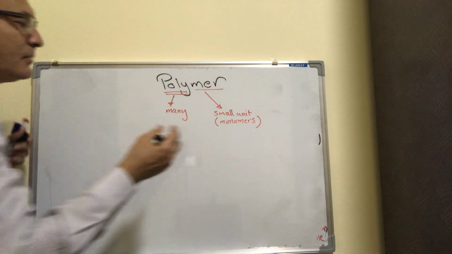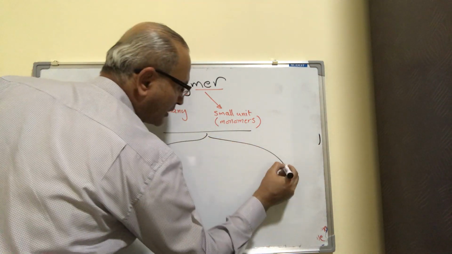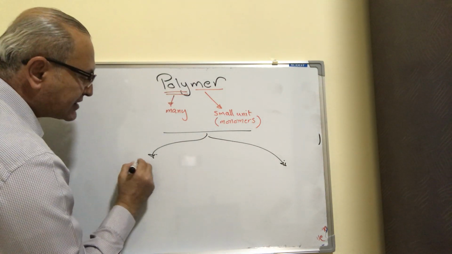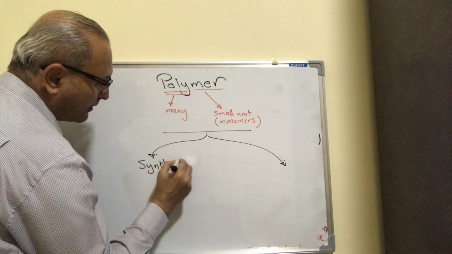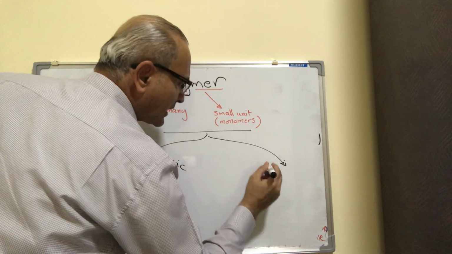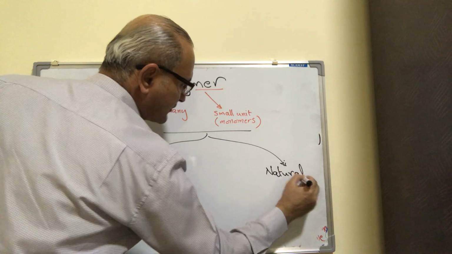What types of polymers do we have? We have two types of polymers, either synthetic polymers or natural polymers. What's the difference between both of them?